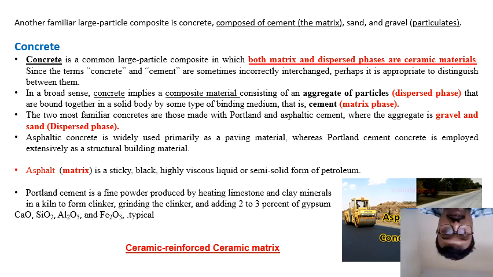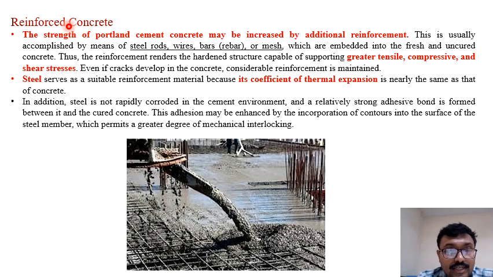Okay, next one, reinforced concrete. The strength of a Portland cement concrete may be increased by addition of reinforcement. This is generally accomplished by means of steel rod, wire, bar, or mesh, which are embedded into the fresh and uncured concrete.